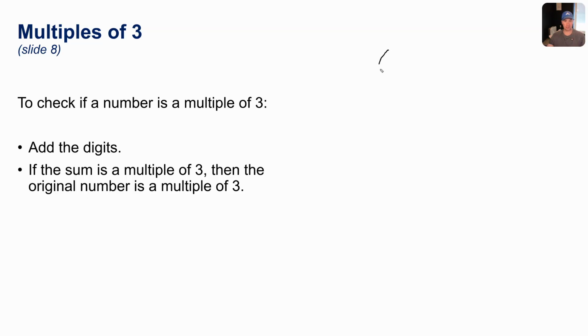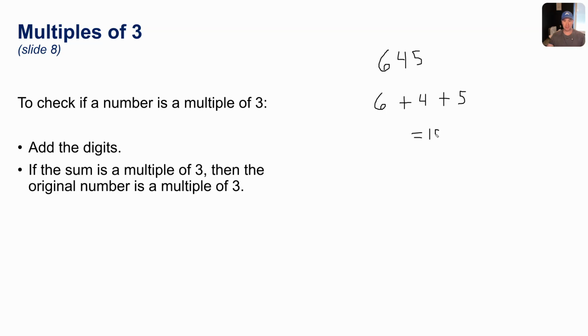So for example, let's say we have 645. This is a lot more difficult to see whether it's a multiple of 3 just by looking at it, but the shortcut, I guess, or a test you can do is add the digits 6, 4, and 5 together. So you could do 6 plus 4 plus 5, and you get 15.